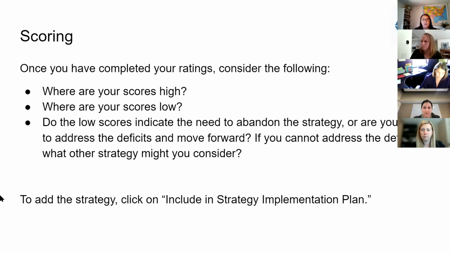You just may want to include some of those missing items as activities within your plan to move forward. So there is no scale for districts to weigh their options against, like, if you have this score, then maybe you should or shouldn't include it. It is really in that conversation on whether you can overcome some of those barriers or not.